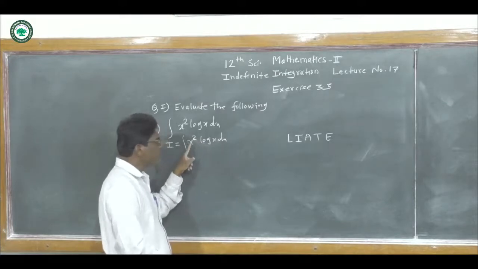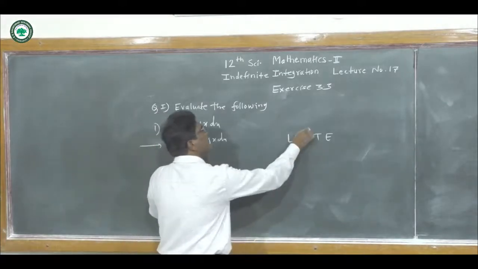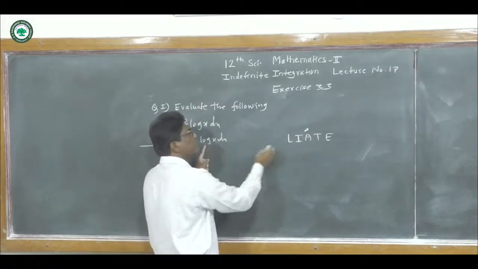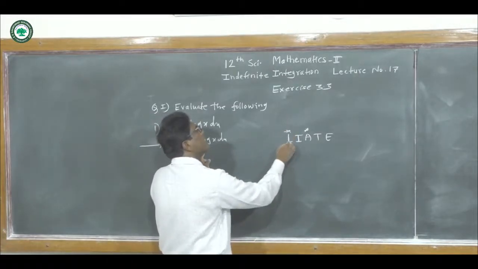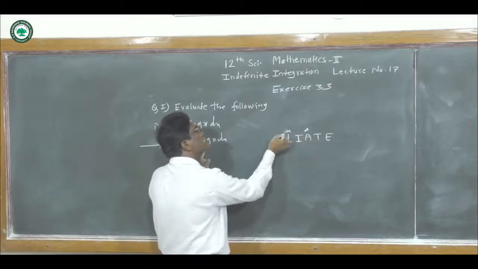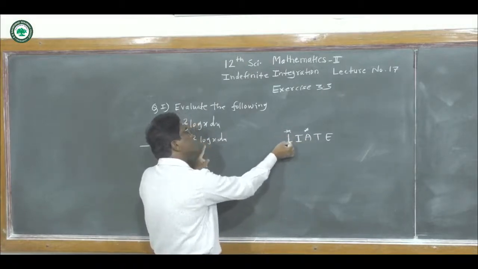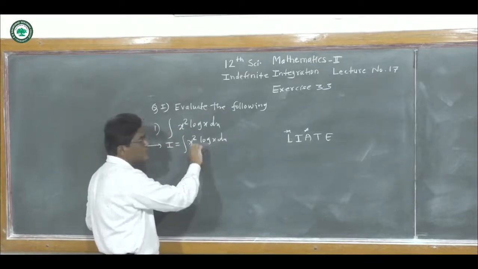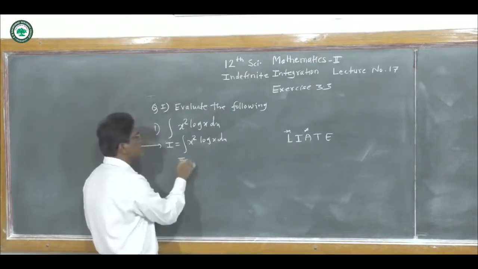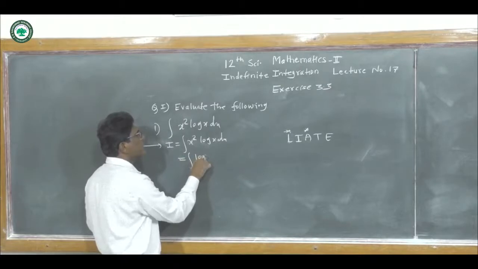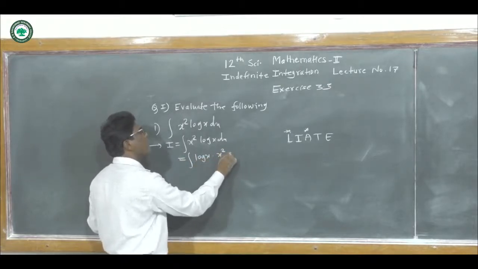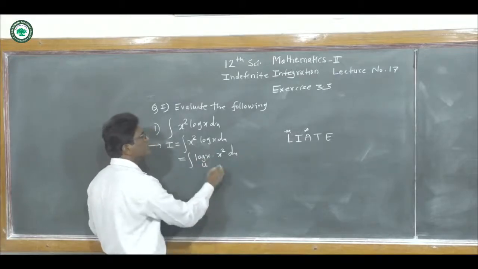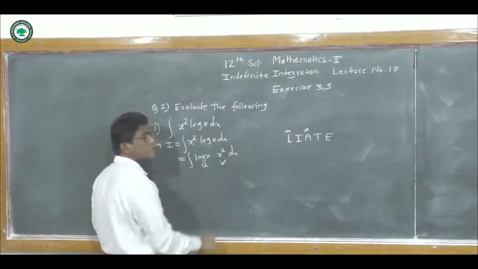In L and A, L appears first, so the logarithmic function is u. So we call log x as u and x square as v. So we write this as integration of log x into x square dx.